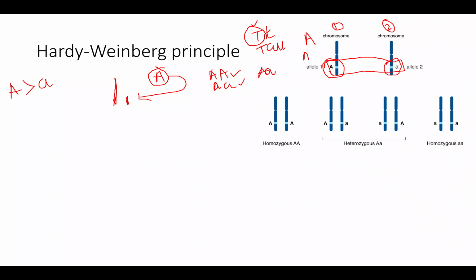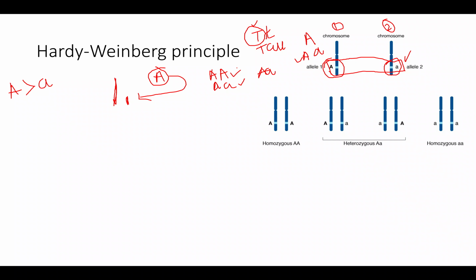Either it can be capital A or it can be small a. I hope you are clear now on what an allele is. Alleles are the different forms of a gene occurring in the two sets of chromosomes. If capital A and small a are there, then it is a heterozygous condition. If capital A and capital A are there, then it is a homozygous condition. If small a and small a are there, then it is also a homozygous condition.